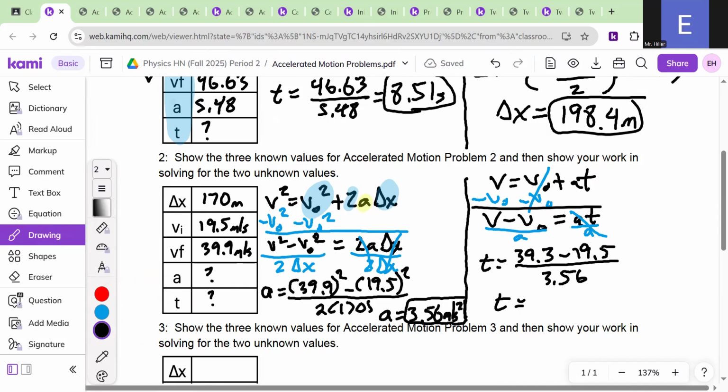Go ahead and take a moment to plug in your values. I'll plug in mine. I'm getting a time of about 5.56 seconds. I'm going to plug in my data.